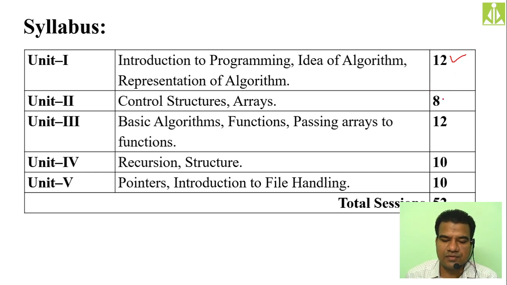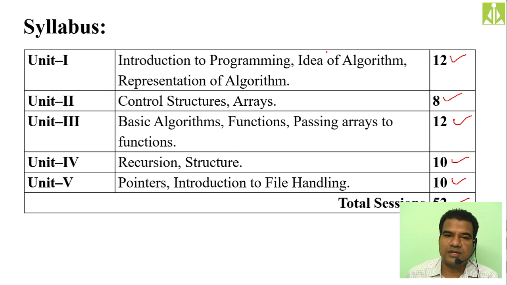Then 8 sessions for the second unit, 12 sessions for the third unit, and 10 sessions each for the fourth and fifth units. If you sum all these sessions, you will get 52 sessions. So I need 52 active theory sessions to complete the 5 units. Inshallah, we'll do all these on time.